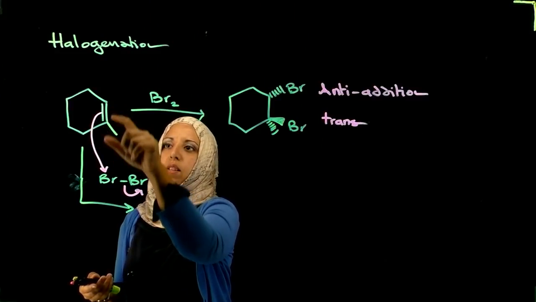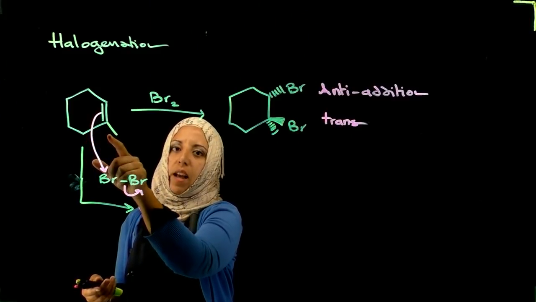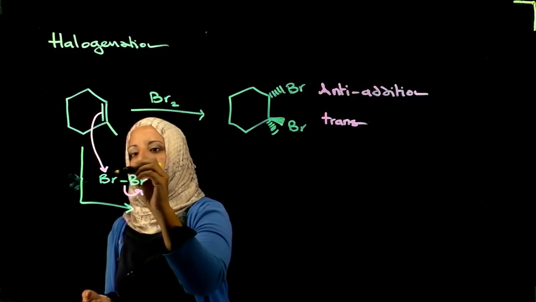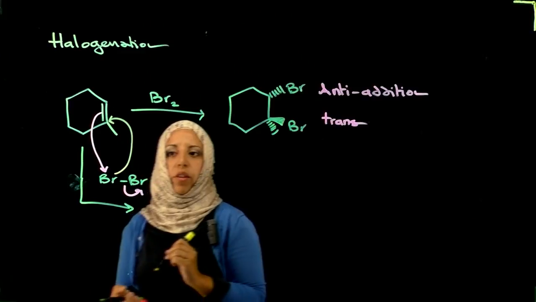Now, which one is a more stable carbocation? This one, right? This is the more substituted end, the one that would have formed a more stable carbocation. So the bromine will go in and attack that particular carbon.